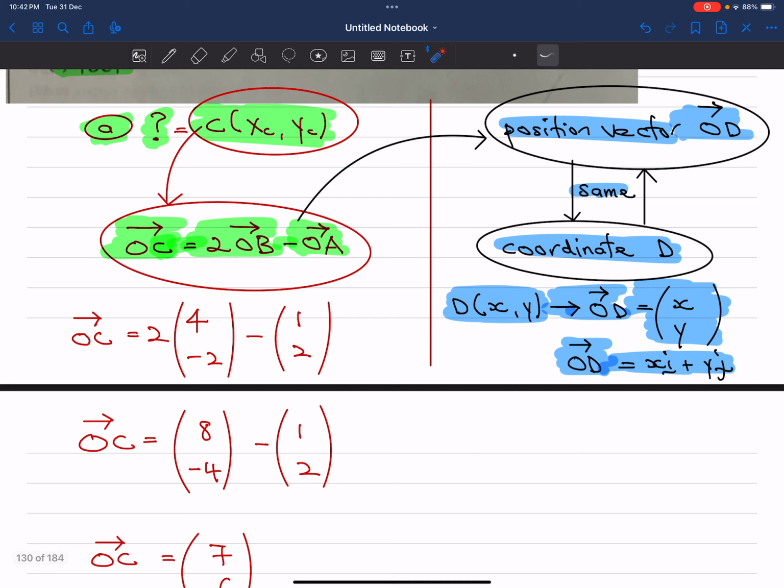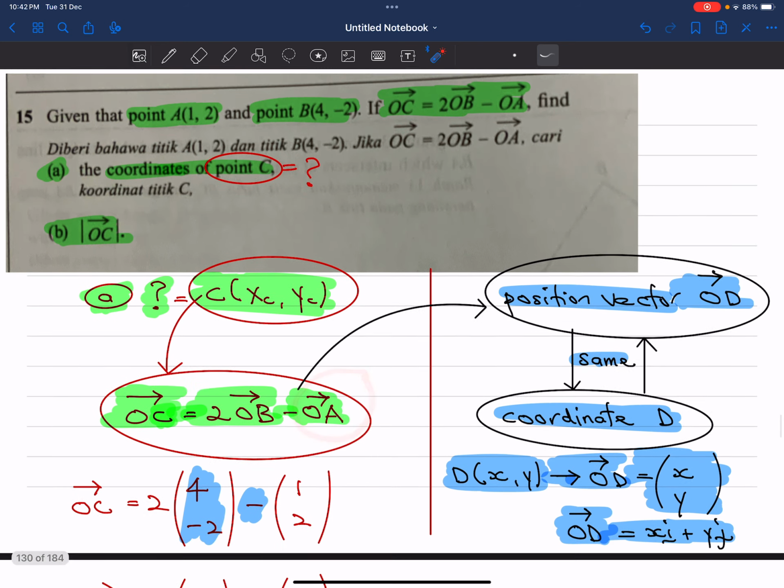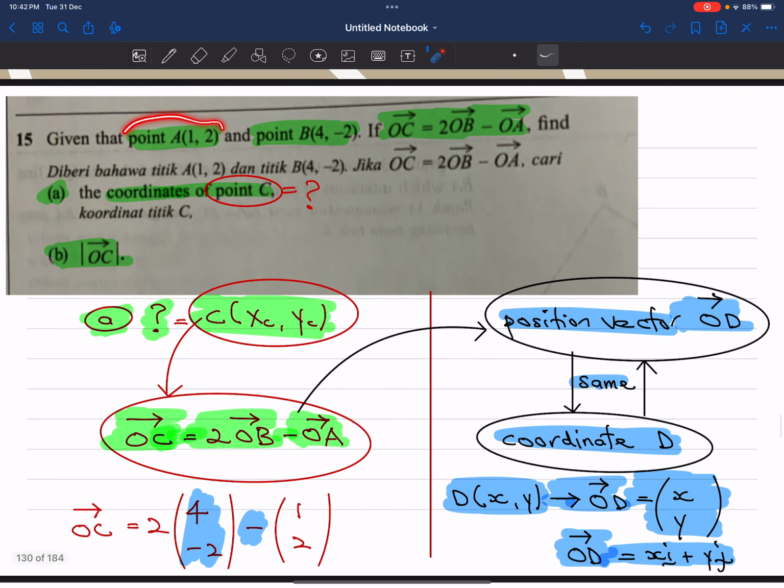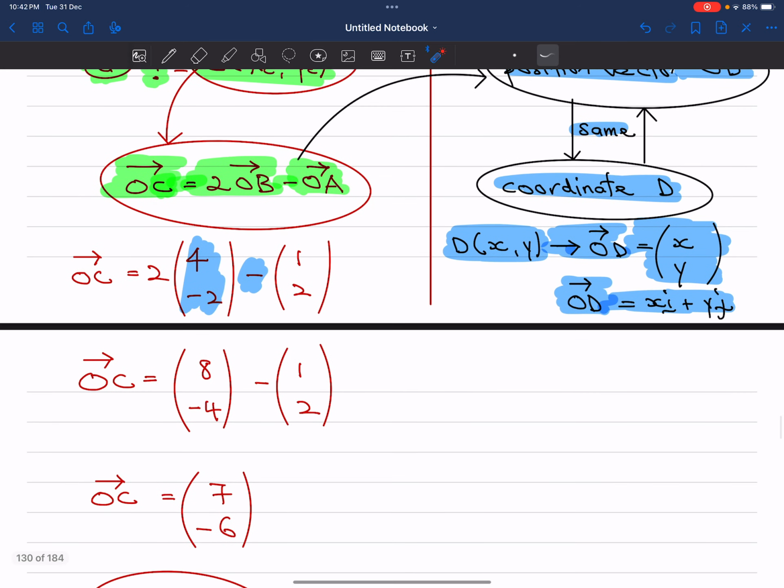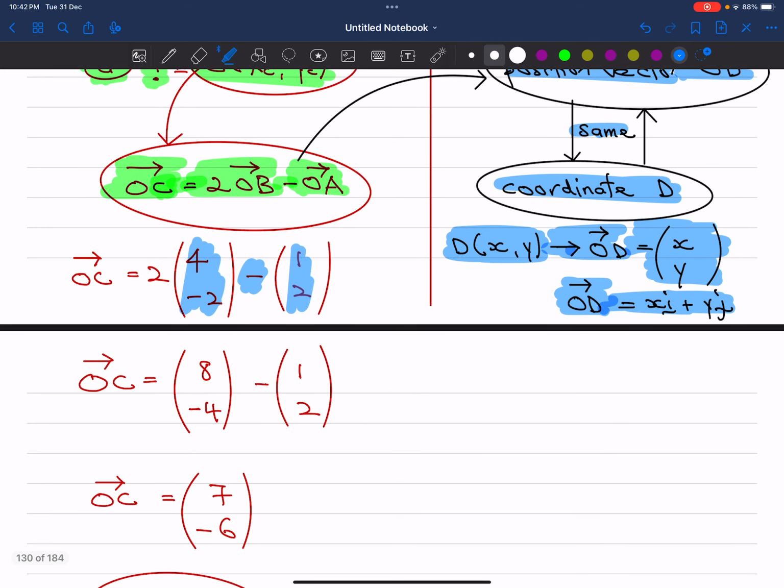So here, the OB position vector is the same as the coordinate B, which is (4, -2). And then, of course, minus. I put back the minus. And position vector OA is the same as the coordinate A, (1, 2), which I put here.